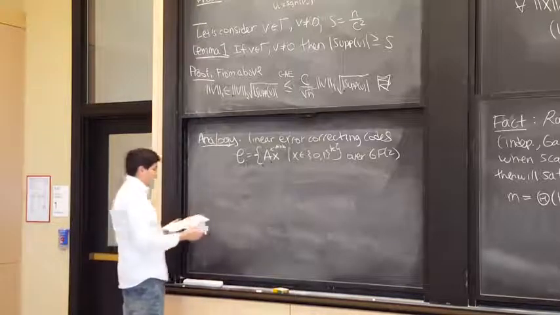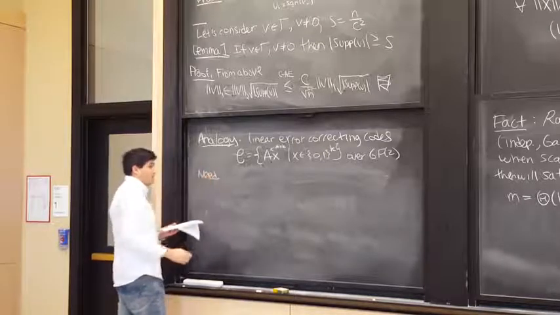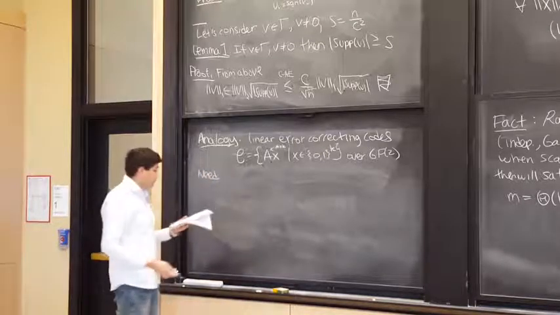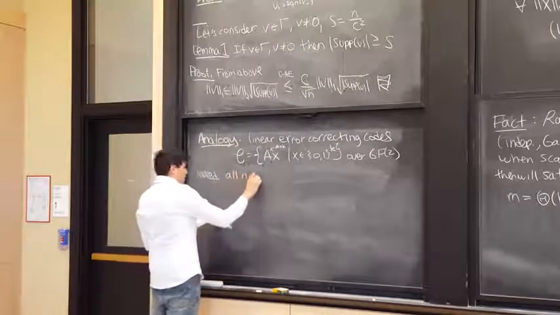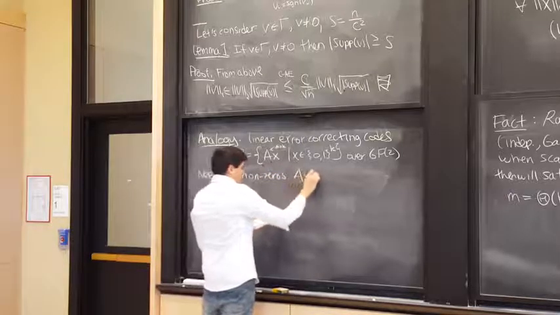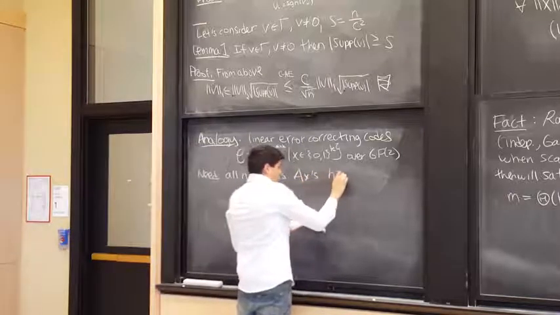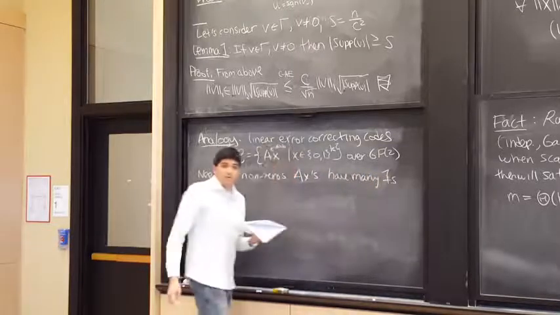And what you usually need for error correcting codes is that in order for them to have good properties like being able to decode them even after many errors, what you need is that all the non-zeros of these AXs have many ones.